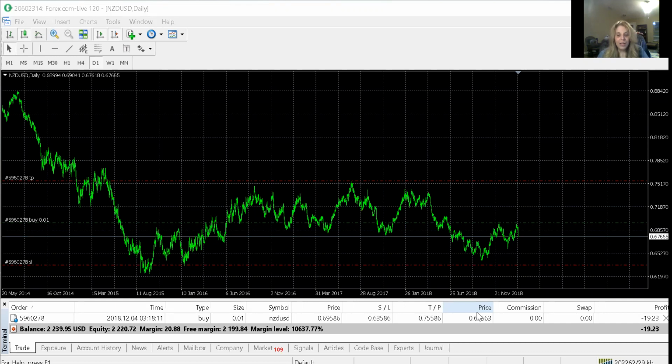The entry price for it is 0.69586. The stop loss is at 0.63586, and the take profit is at 0.75586.